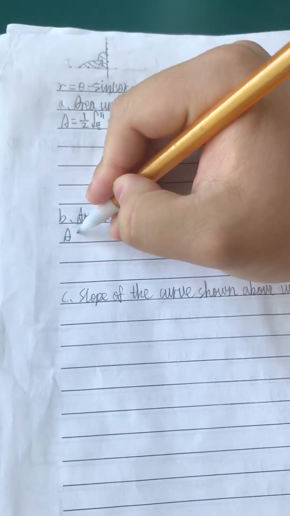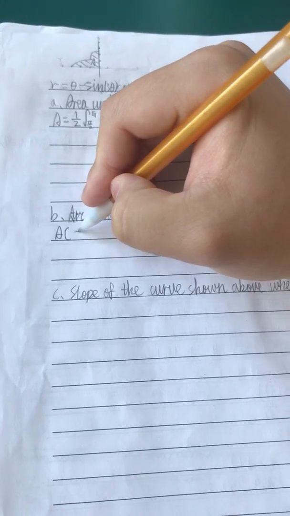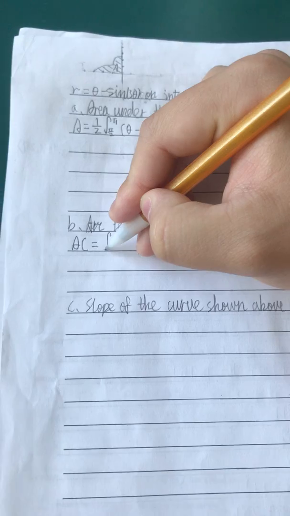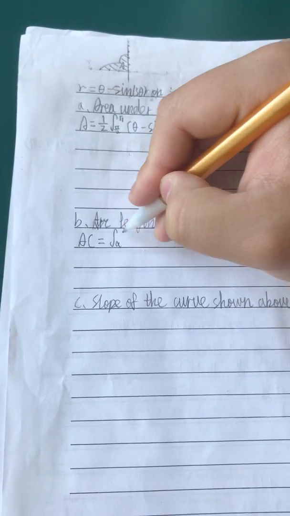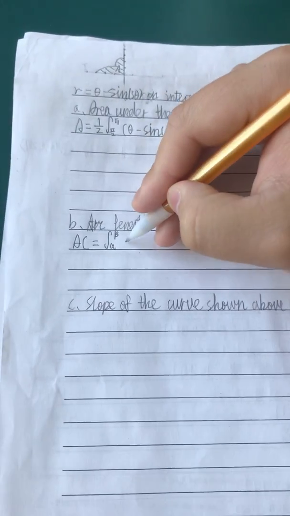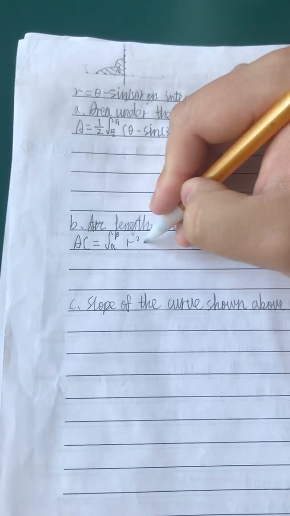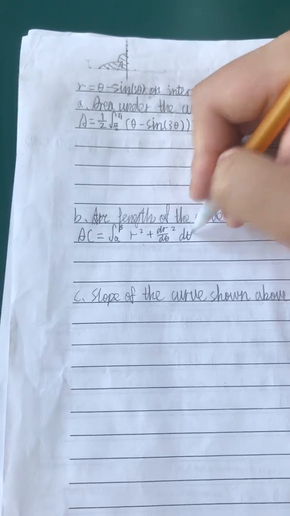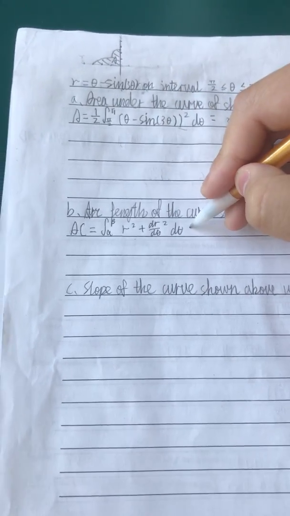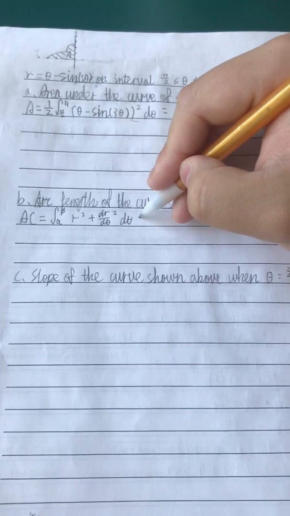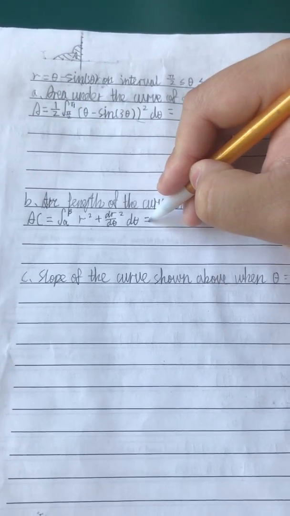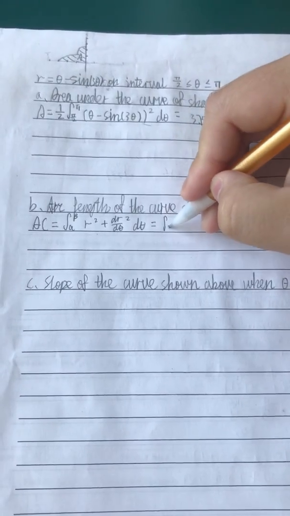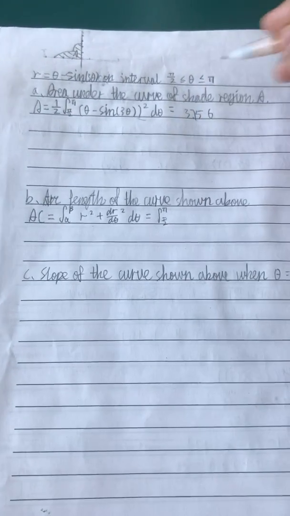So usually the general equation for arc length is arc length equals integral from the lower bound to upper bound of the square root of r squared plus dr d theta squared, d theta. In this case, it will be equal to integral from pi over 2 to pi.